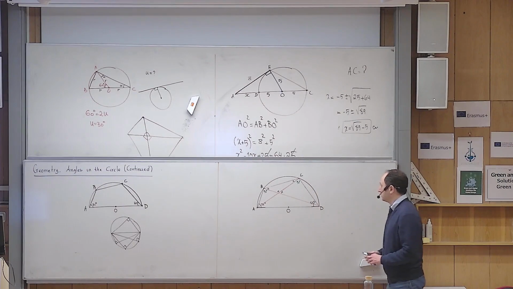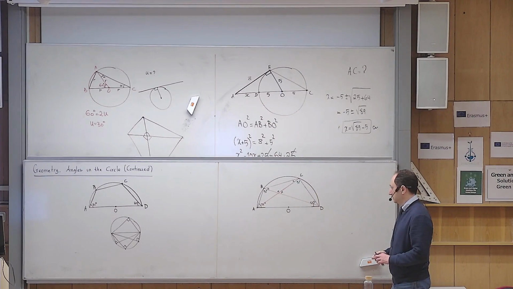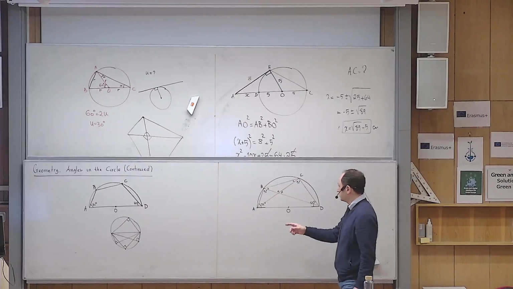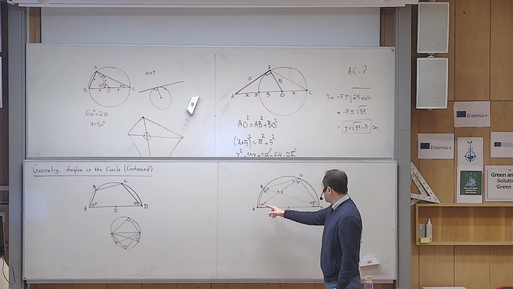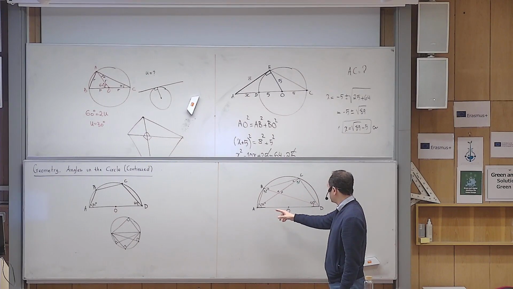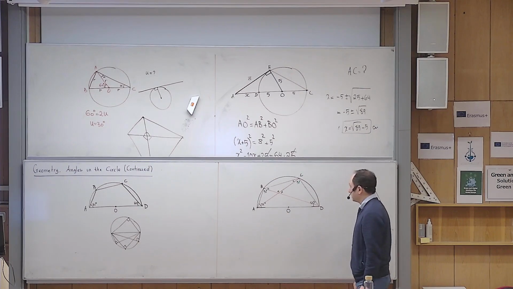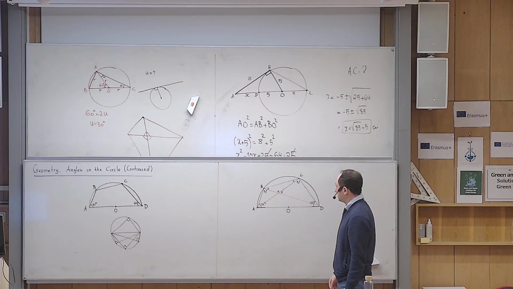Now, I know that 71 plus x plus 90 is equal to 180.